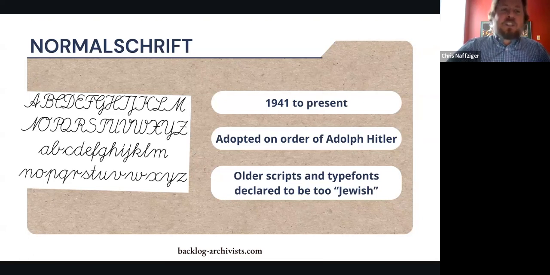Switching over to Normalschrift and, as we'll see in a little bit, the new type font, eased the transition between these different occupied countries and Germany. So an interesting political reason for why they switched over.